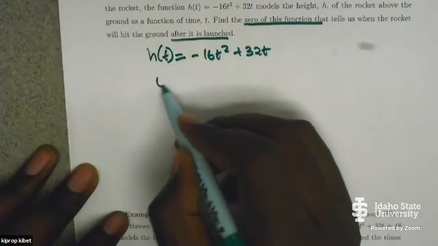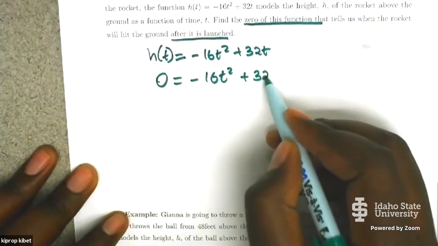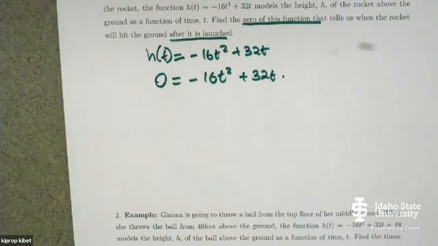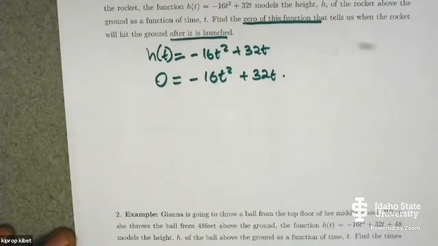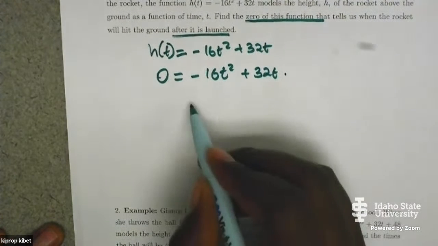So it is now 0 equals minus 16t squared plus 32t. Therefore, we now use these steps. Using those steps, we now factor out the greatest common factor there, which is what?